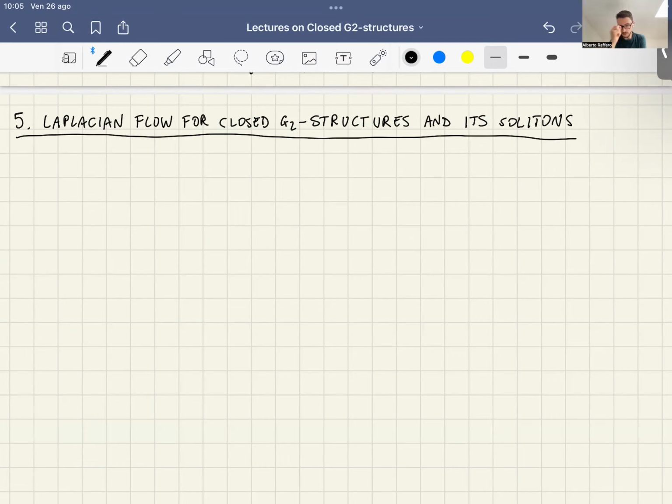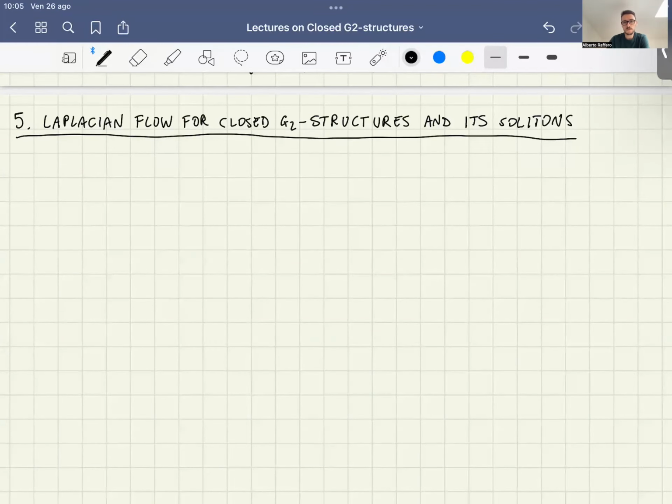As I told you in the previous lectures, so far we only have one theorem ensuring the existence of torsion-free G2 structures on compact 7-dimensional manifolds, which is Joyce's theorem, and requires the existence of a closed G2 structure with suitably small torsion on the manifold. So of course, one problem is to look for some new results ensuring the existence of torsion-free G2 structures on compact 7-dimensional manifolds.